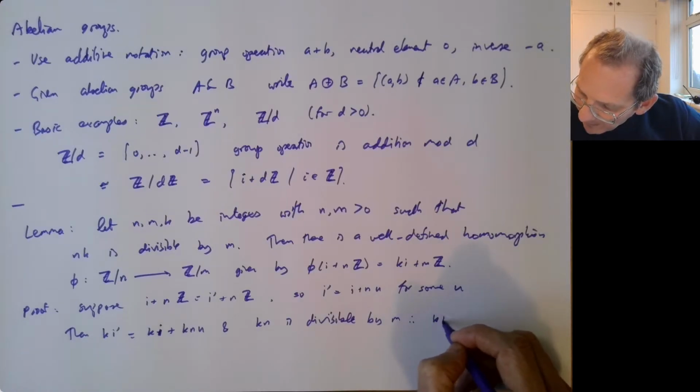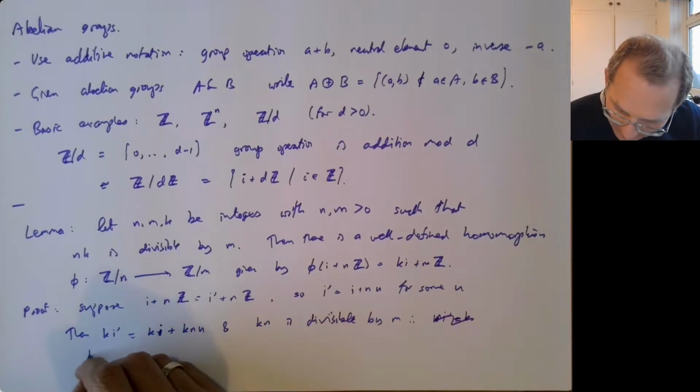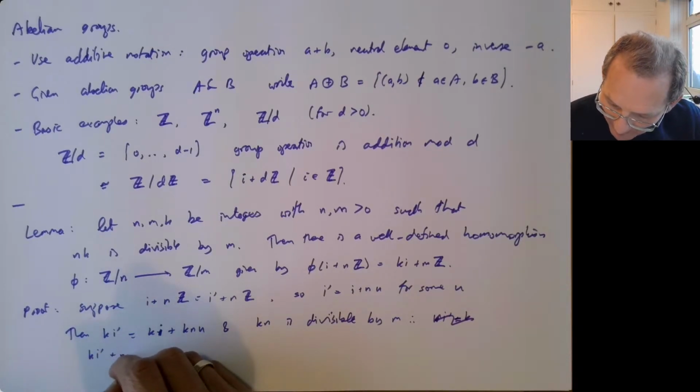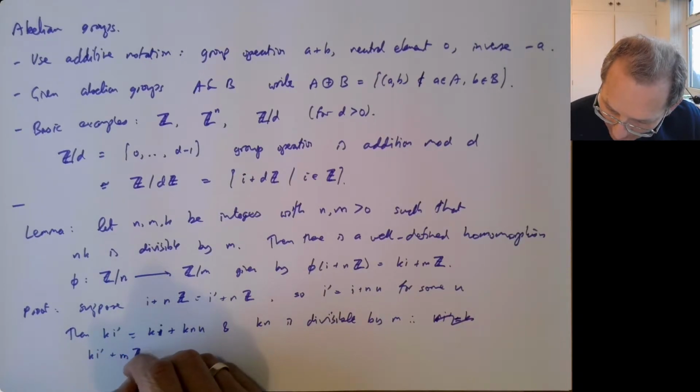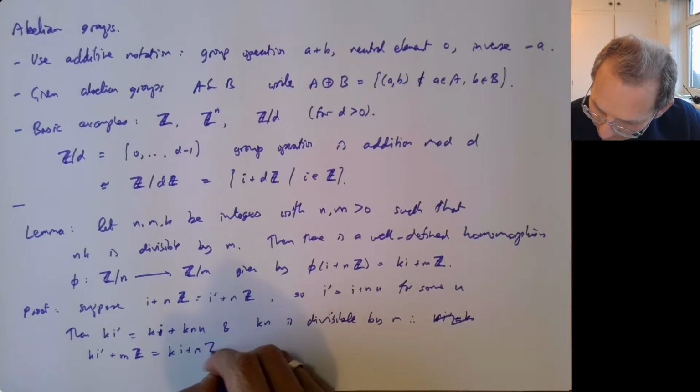So that means that k i prime plus mZ is the same as ki plus mZ.